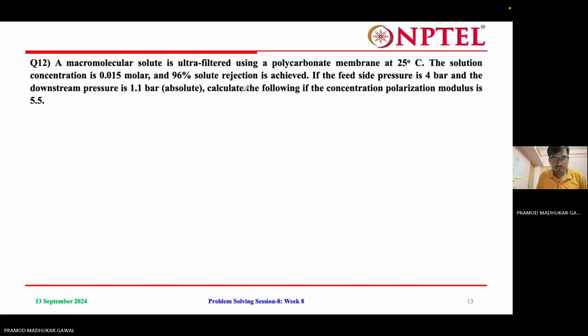So here, calculate the effective pressure driving force, right?